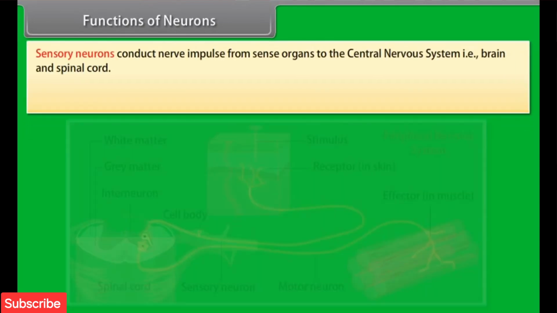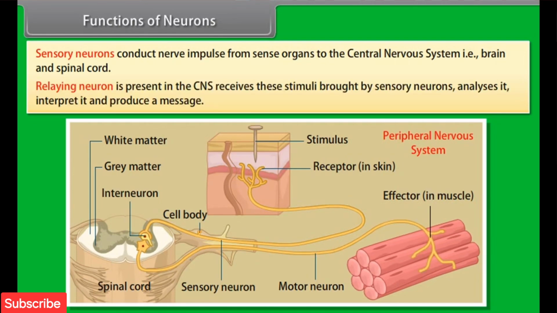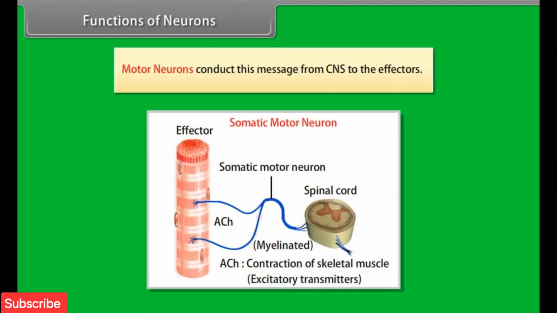Sensory neurons conduct nerve impulses from sense organs to the central nervous system, that is, the brain and spinal cord. A relaying neuron present in the CNS receives these stimuli brought by sensory neurons, analyzes and interprets them, and produces a message. Motor neurons conduct this message from the CNS to the effectors.